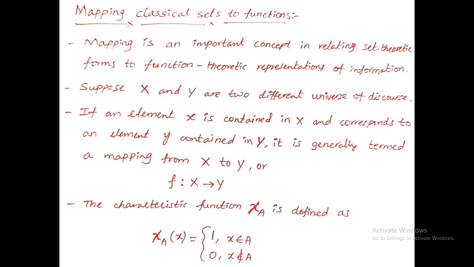If it does not belong to the set A, then it is equal to 0. Simple. Simply you can correlate the same function with the step function, or a simple pulse function, where you get the value 1 only for a certain duration. That means xA of x is equal to 1 for a certain duration, and that portion belongs to the set A. Other than that, it should be 0.